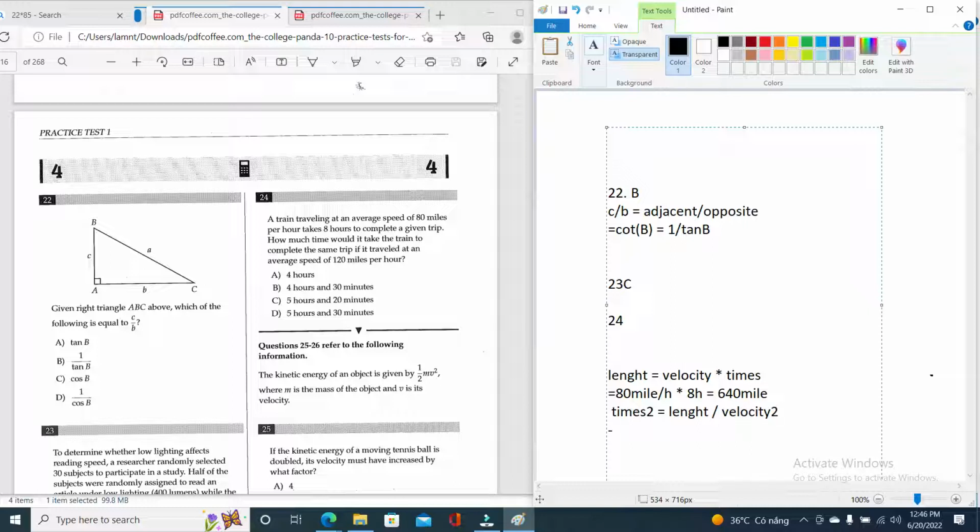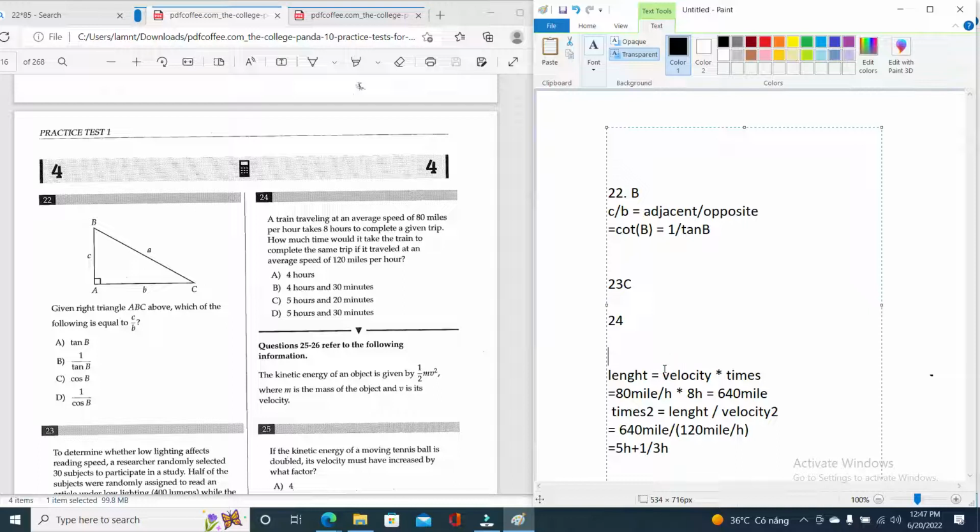So that's length is 640 miles over velocity 2, so it's 120 miles per hour. So I think that's roughly more than 5. 640 divided by 120 is 5 and 1/3, so it's 5 hours and 1/3 hour.